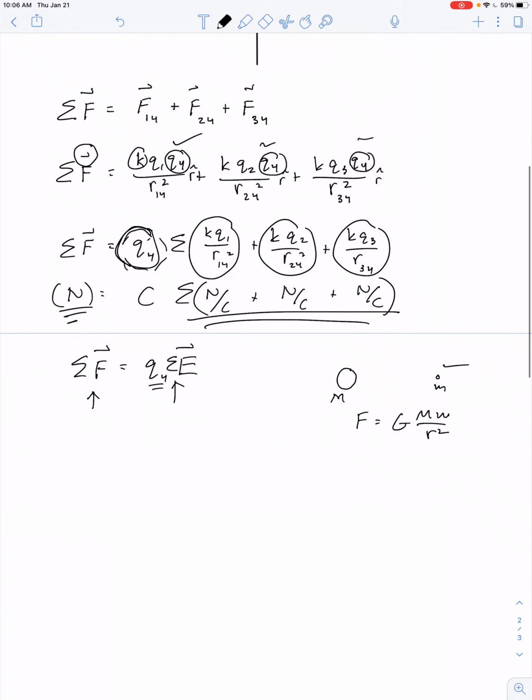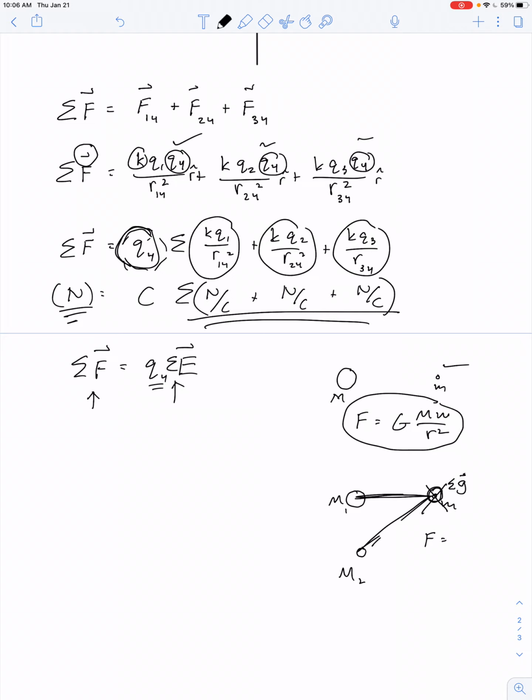But what if we had a planet and a moon and this satellite, and we wanted to find the net amount of force? We could apply Newton's law twice. We could say capital M number 1 and capital M number 2 and lowercase m, and we can find a force between these two. We can find a force between these two. In the end, what exists at this location in space is some particular net gravitational field strength. And if I want to find the force on this mass, all I need to do is multiply that mass times whatever the local net gravitational field strength is.